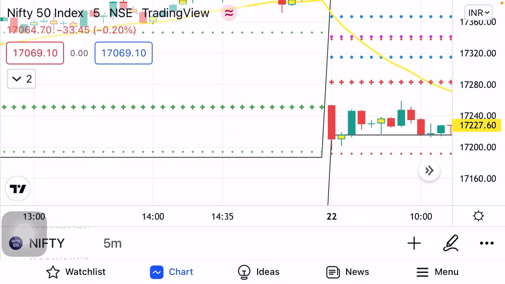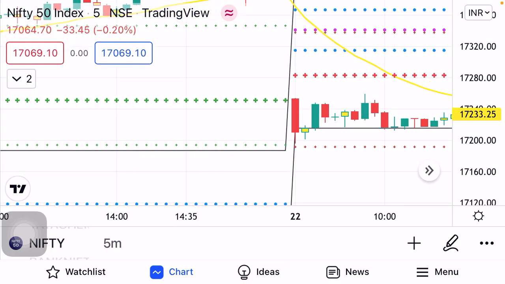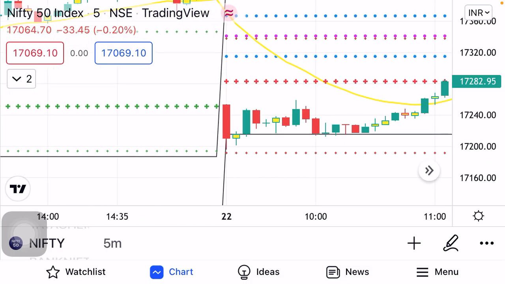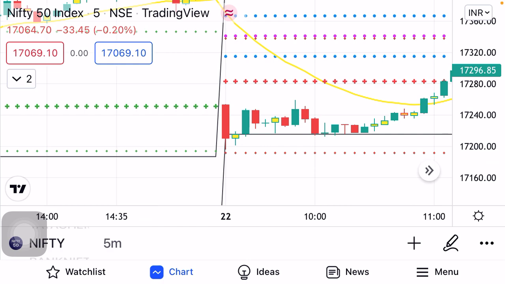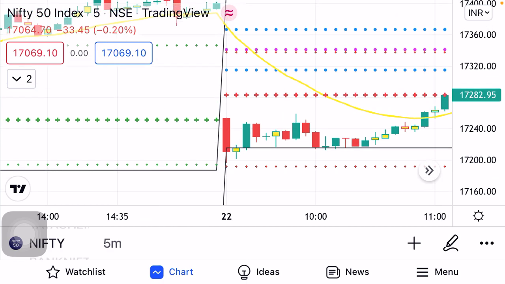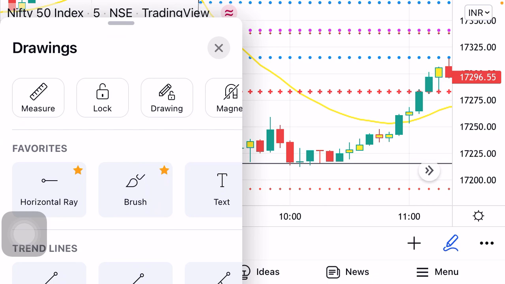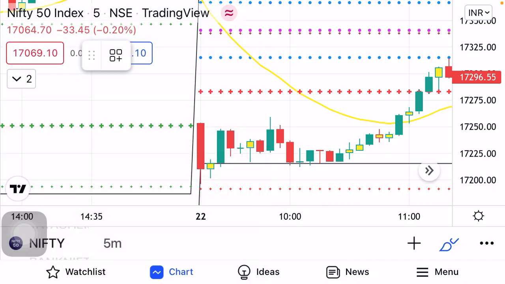So we'll look for clear price action at L5 or L4 at 20 MA. Okay, the market crossed 20 MA, right? And if you observe here, the first 1 hour range is there, right? This is the first 1 hour range.